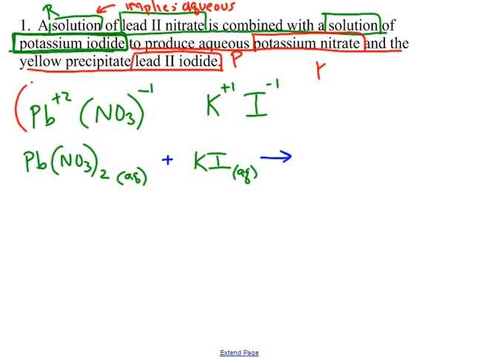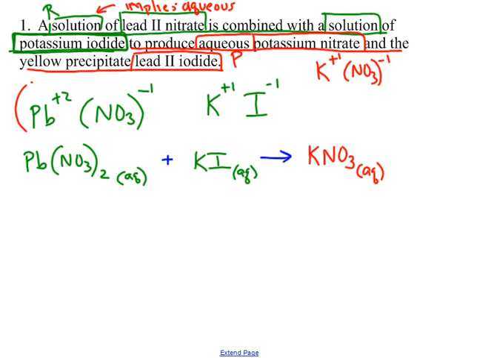Potassium is K with a +1. Nitrate is NO3 with a -1. So +1, -1, pretty straightforward. This formula is KNO3. Now, if we go back and take a look at the state of matter, it is aqueous. So I'm going to put a little AQ there.